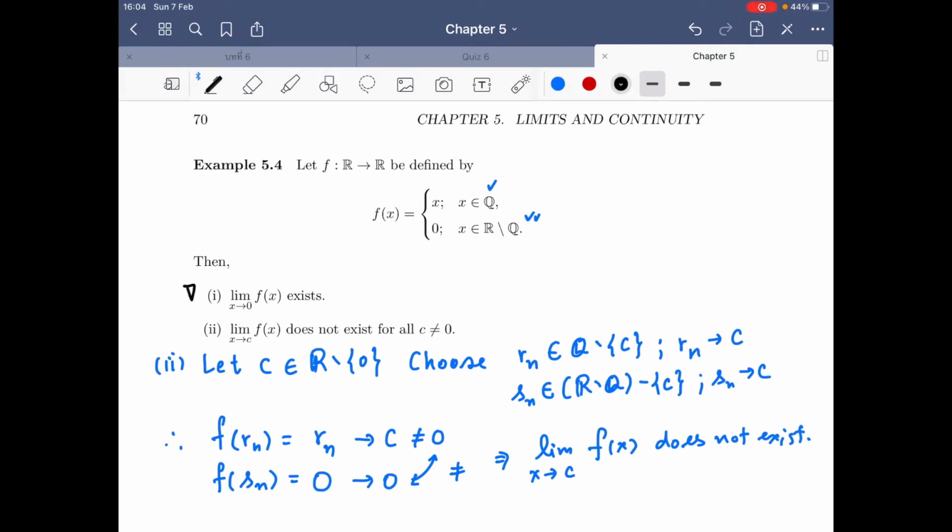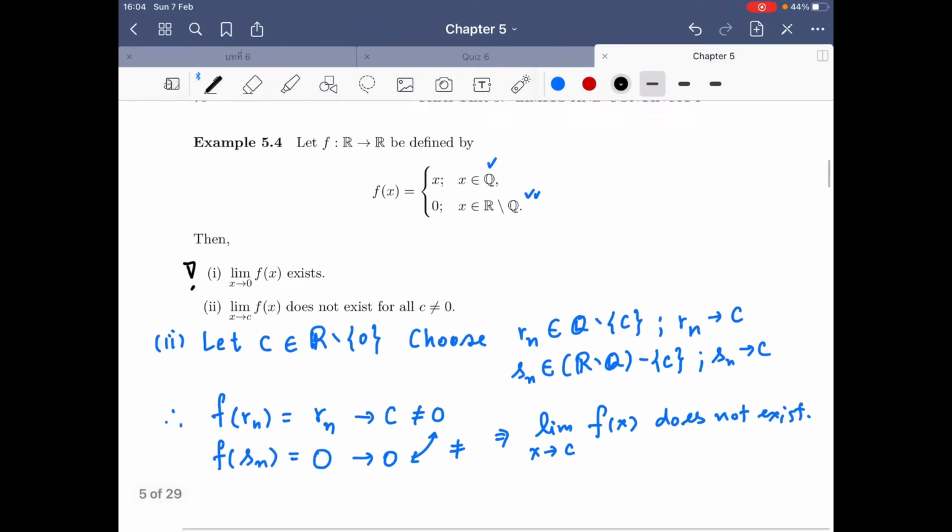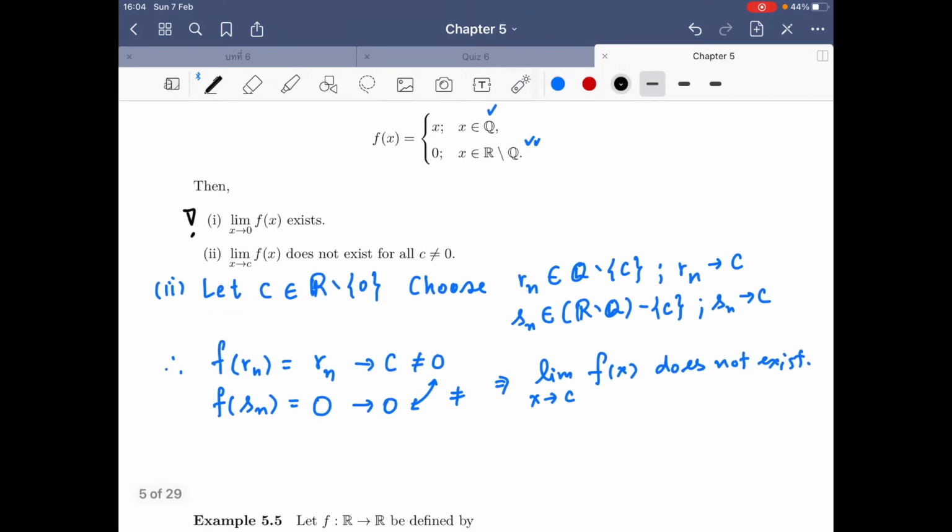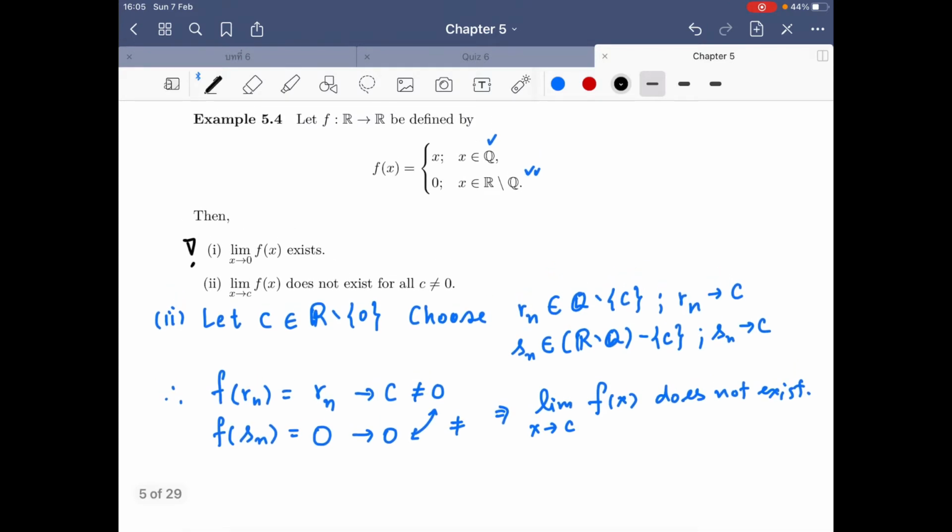But if we want to try the first assertion, saying that the limit of this function as x goes to 0 exists, let us do it by using the definition.